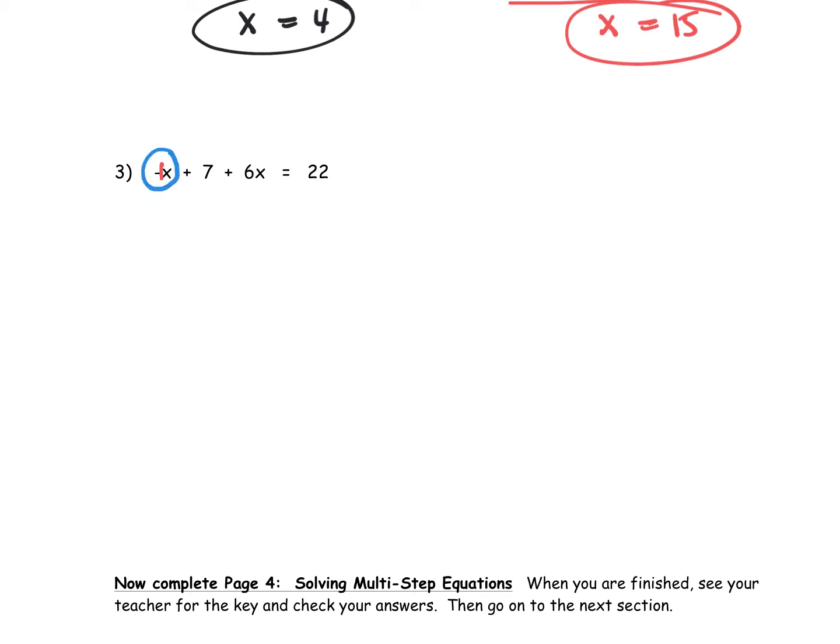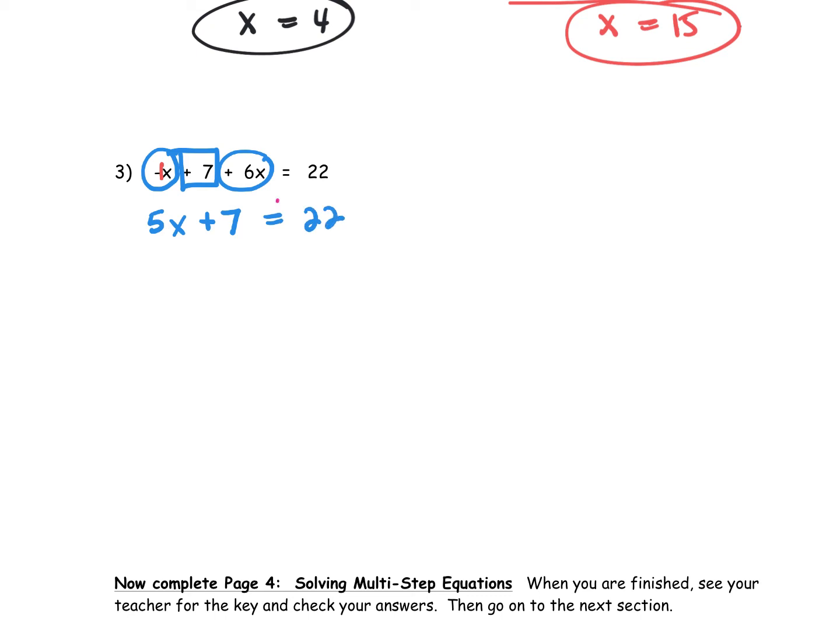So I see negative 1x, and I see positive 6x, or plus 6x. And when I put those two terms together, we have 5x. I see a constant of plus 7. There's not another constant on this left side to combine it with, so we're going to drop down plus 7. And on the other side, we have 22.